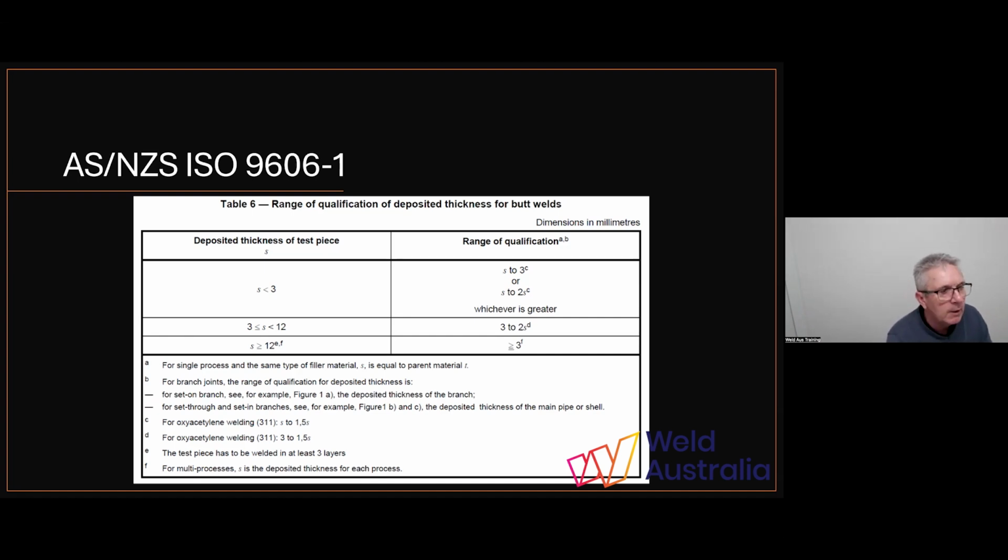We've used one to do a root run, and he's put in the deposited thickness, and that's not including how many runs have gone in. It's just how much weld has gone in at this time. It's on a butt joint, and he's deposited 5 millimeters from that one process. That's the deposited thickness that's been done on that weld joint.